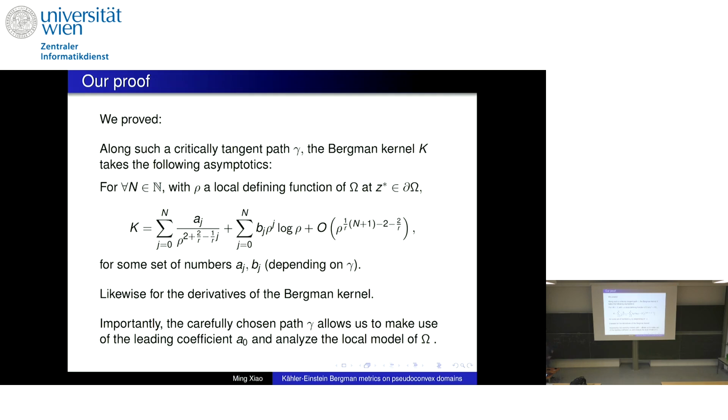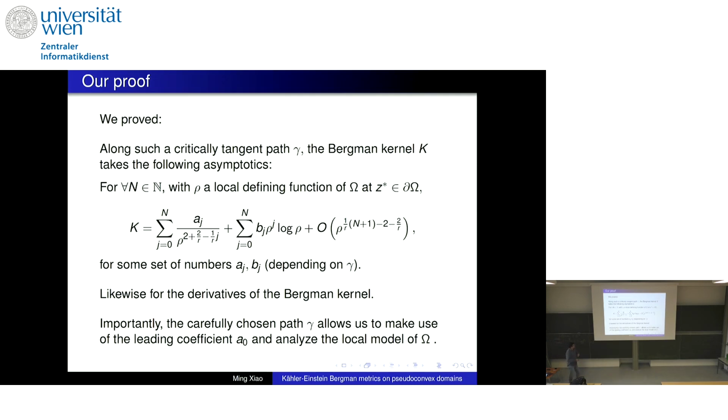The first difference between Fefferman's expansion and this one is the type. In Fefferman's expansion, you can see this is 3. Here, we would end up with some fractional power, where R is the type. As we said, the coefficients will be different, but the format should be the same.